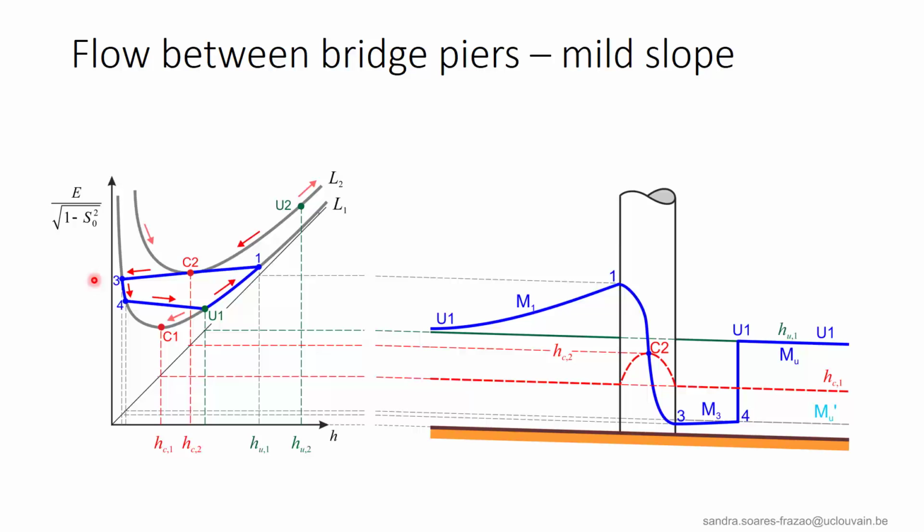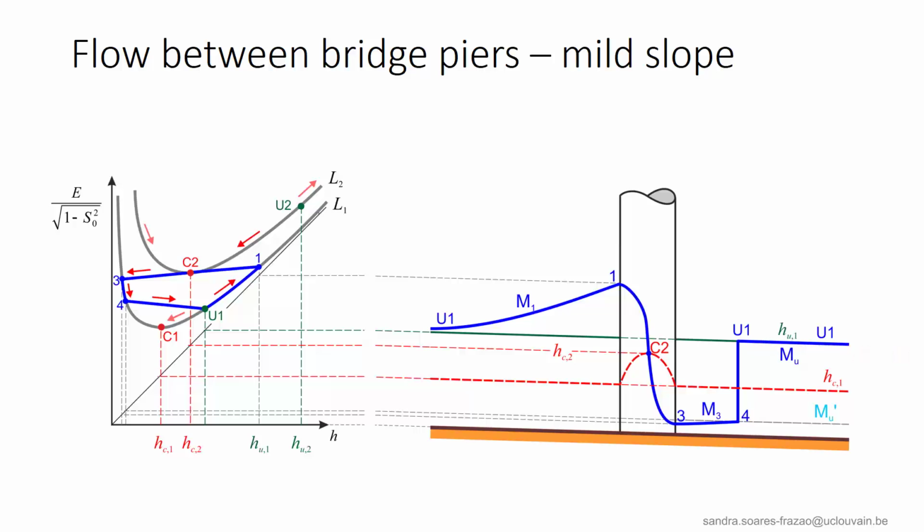As a consequence, the water depth further decreases and reaches the L1 specific energy curve at point 3, below the critical depth. This can be seen here, an increase of the water depth until point 1, a decrease, a passage through C2, and a further decrease until point 3. From this point, a M3 profile starts until a hydraulic jump that allows a return to U1.